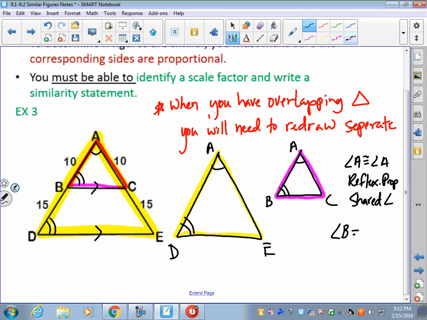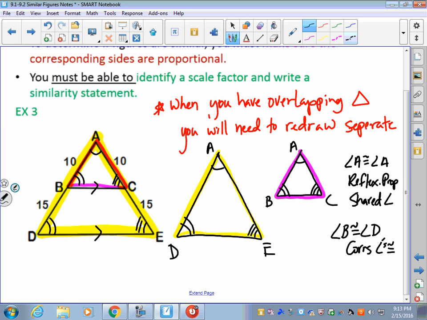So angle B is congruent to angle D. Reason, corresponding angles are always congruent. Well, that goes for the other side too. So I'm going to put three arcs. So angle E goes with C. Alright, and you can write that down. But now I showed that all three corresponding angles are congruent. That's the first criteria for similar figures.